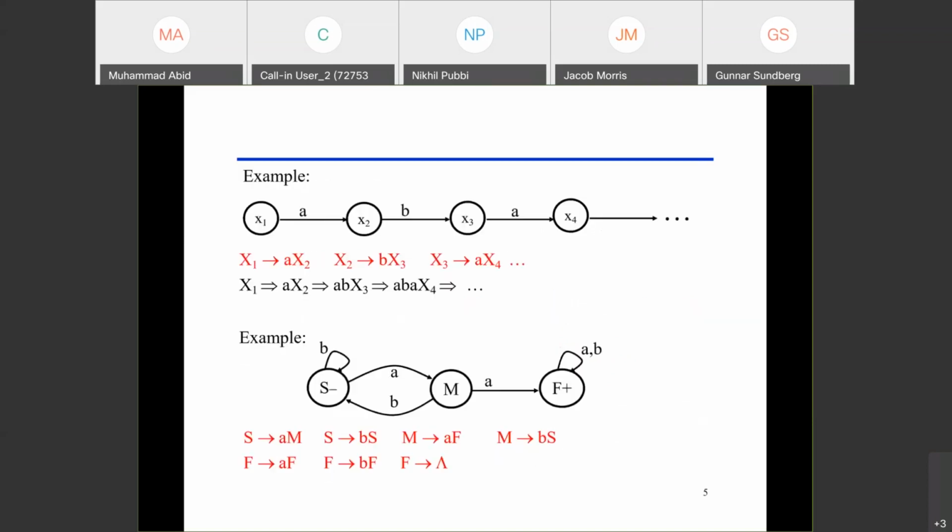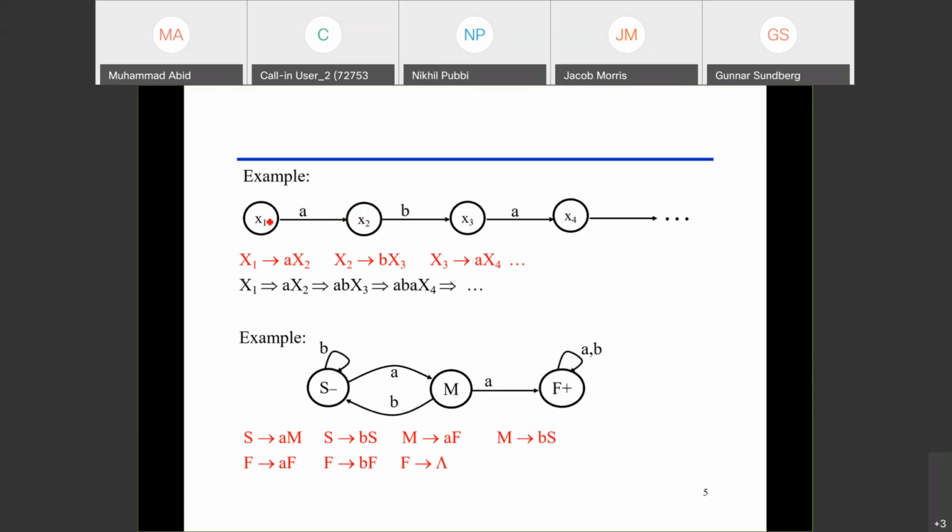Okay, so let's see this example here. This is not a complete FA, but it is just an example. It's not necessary that it is an FA; you can convert a TG also into a grammar. So let's say this is a partial FA. It has something missing. How do you convert it into a grammar?